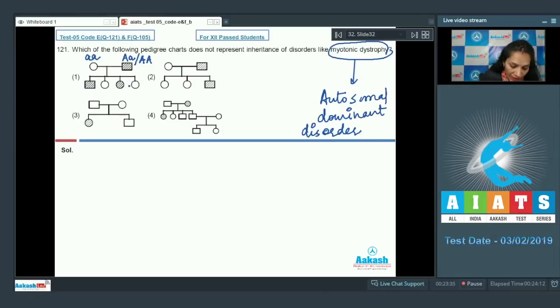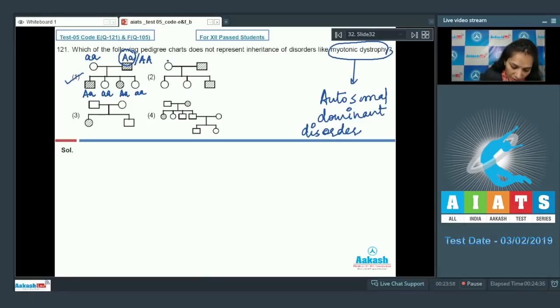Because the female's offspring are normal, it should be heterozygous only. So it should be capital A, small a, and capital A, small a. So this type of pedigree chart is possible.